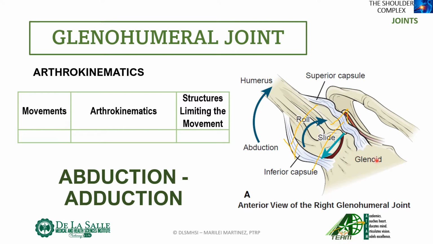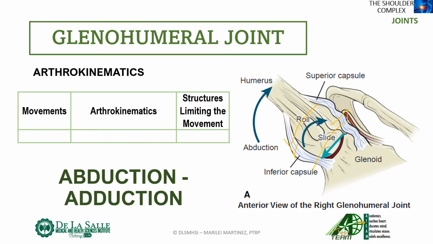For closed kinematic chain, it is the proximal segment that is moving. Therefore, it is the concave segment that is moving. So, for abduction, closed kinematic chain, the concave glenoid fossa rolls superiorly. Let's just follow the same rule, okay?